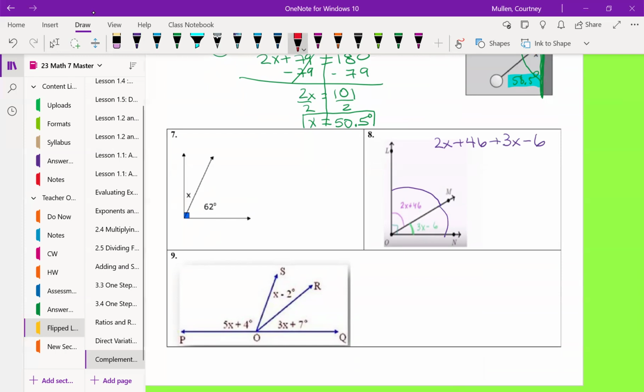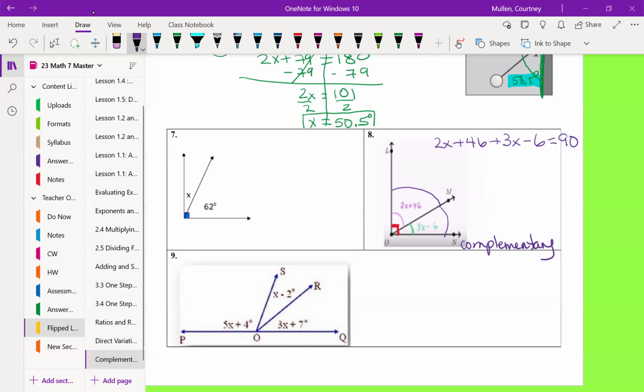And I notice in looking at this diagram that there's a little square in the corner here. What does that mean? It's a right angle, which means these angles have what relationship? Complementary. So their sum should be 90.